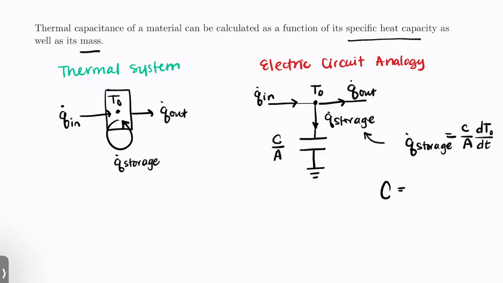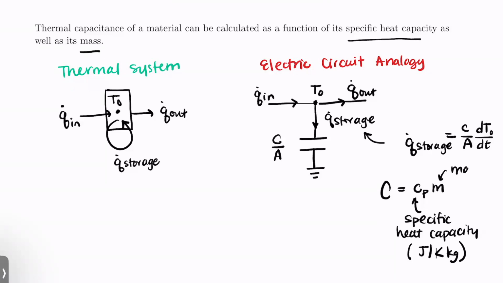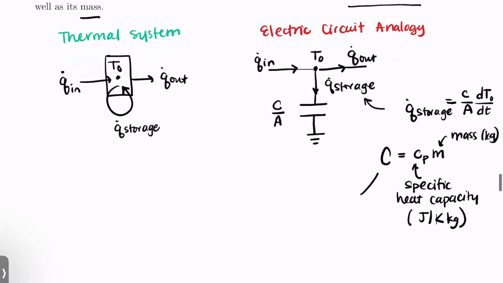And C is Cp times M. Cp is our specific heat capacity, which has units of joules per kilogram Kelvin. And this is mass, which obviously has units of kilograms. And our capital C is capacitance, which has units of joules per Kelvin.